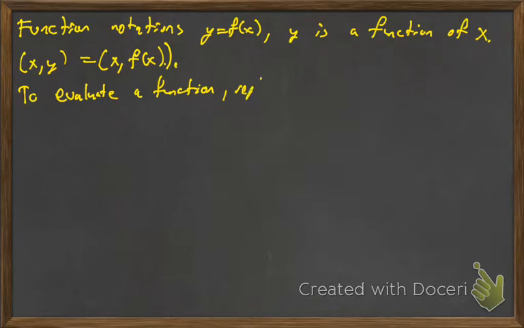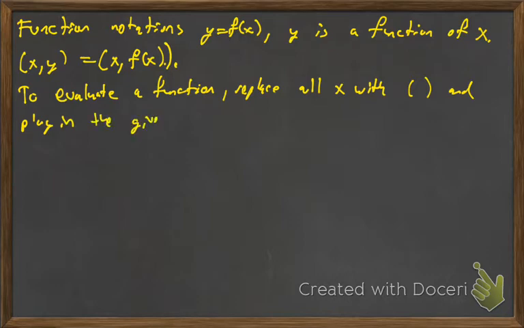To evaluate a function, we're going to replace all the x's with parentheses, and then we'll fill in the number that x is equal to, whatever the given value of x is. And then follow the order of operations when you're all done.